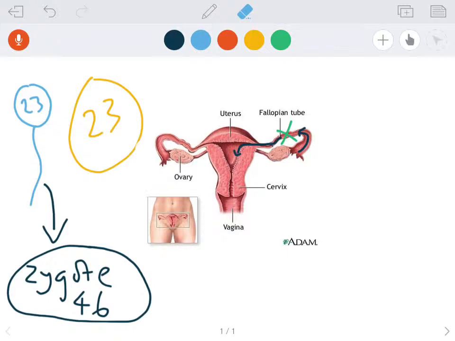Now in preparation for that, the body changes slightly, and that's what the menstrual cycle is about.